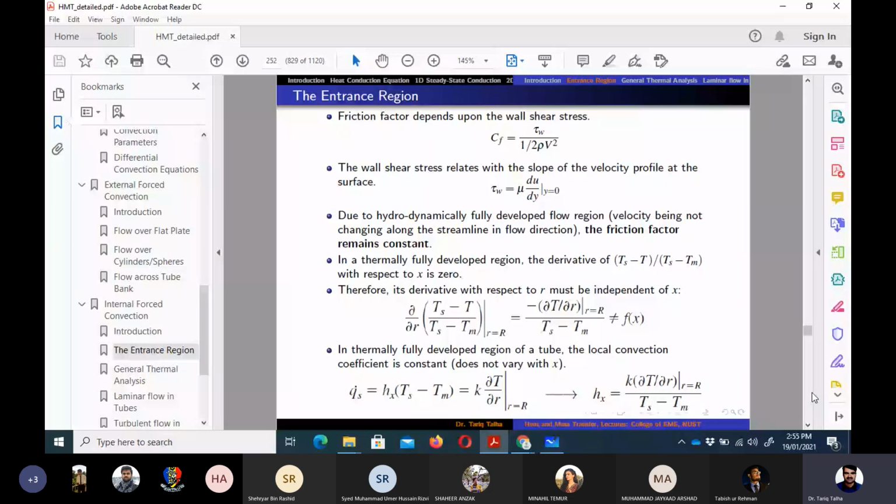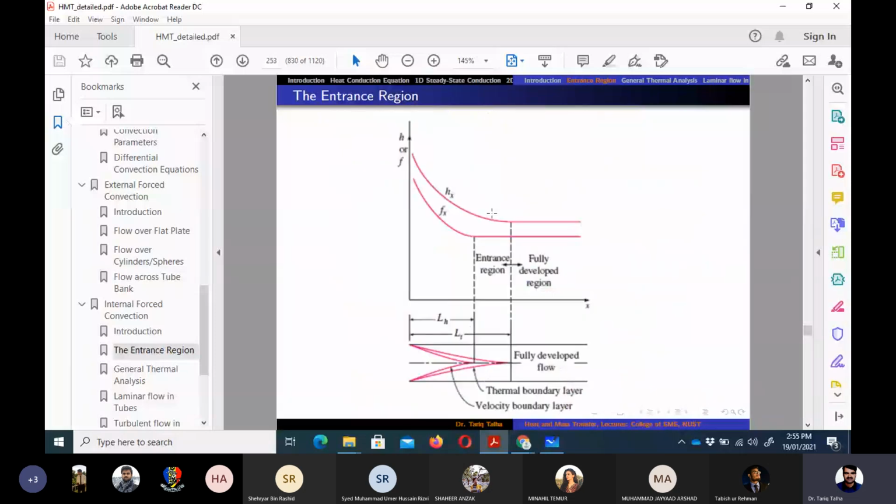That's why they are higher at the start of the pipe, and once fully developed flow is achieved, the values of h and friction factor become constant. That is also clear from this diagram.